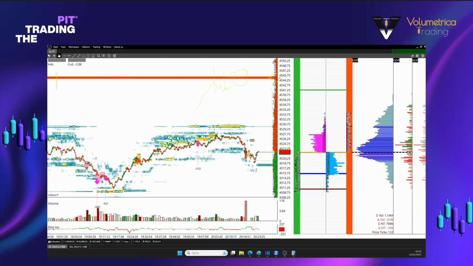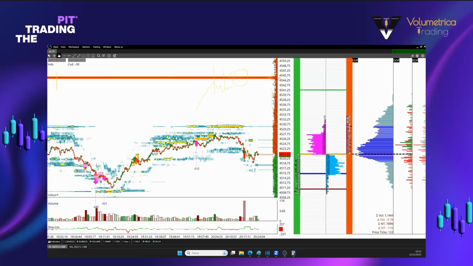Of course that's an extreme example, and we don't need to have all of these contracts being so different from the average. But let's say for the S&P 500, normally whenever we have a liquidity pool made by more than 300, 400 lots, then it can start to be considered relevant.